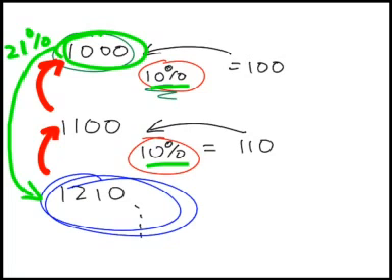So the 10% is the nominal interest rate, whereas the 21% is the effective interest rate. If I've got it right, I'm not quite sure. The names nominal and effective might be the other way around. I can't quite remember as I'm talking to you right now, but that's what it means. The one is the annual or yearly interest that you use.